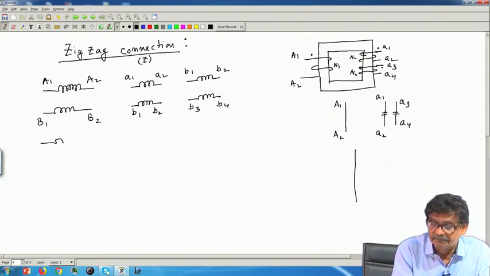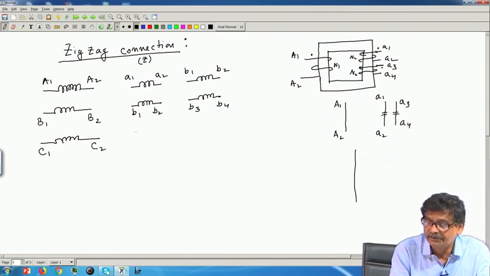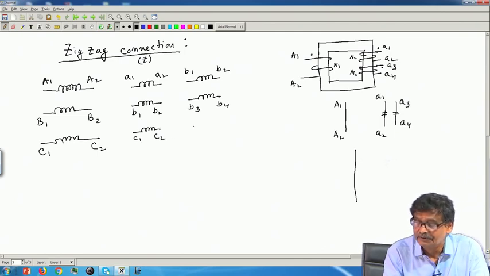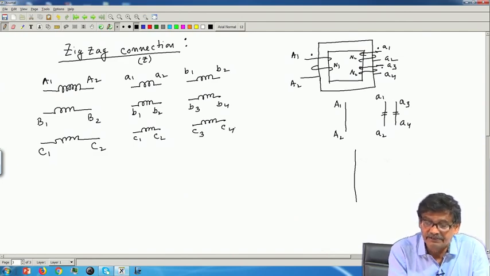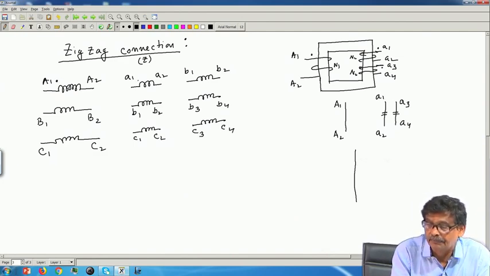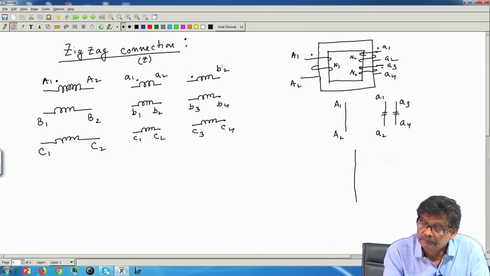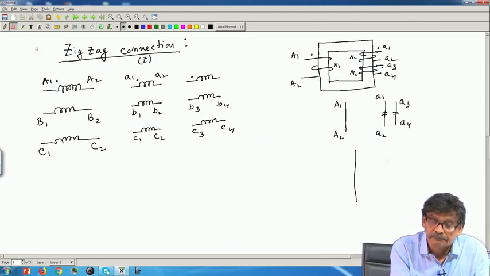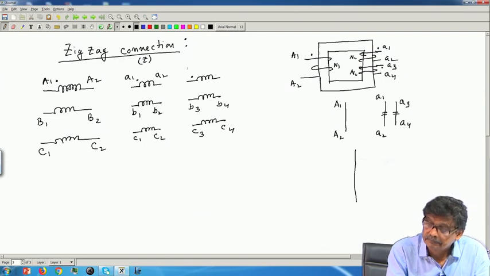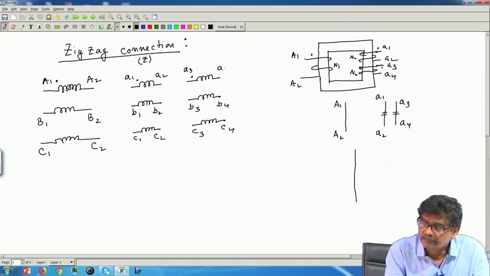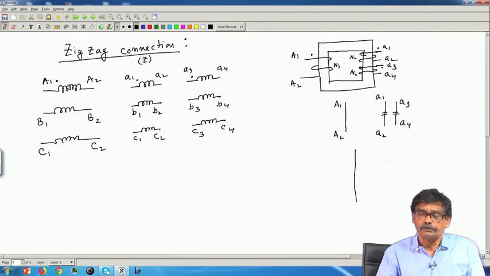And finally, it will have C1 C2 and small c1 c2 and c3 c4, with the understanding that these are dots, all odd numbers. I am sorry, this will be A3 A4. The arrangement is understood absolutely.